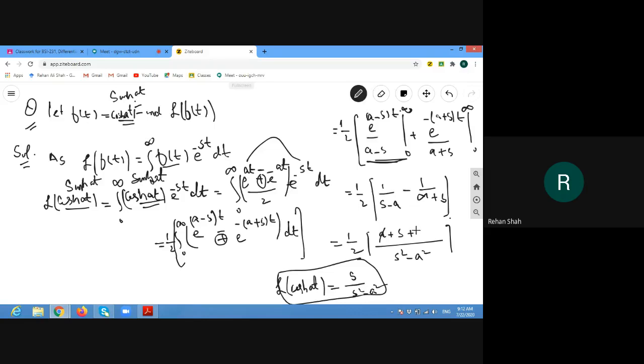So this will become minus a plus a minus s. Now s and s will cancel and a and a will add. So this will become 2a. So this will become a divided by s square minus a square, if this is sine hyperbolic.